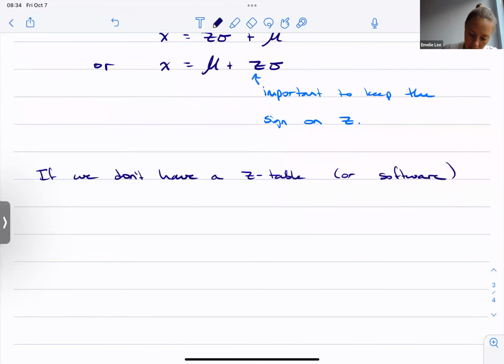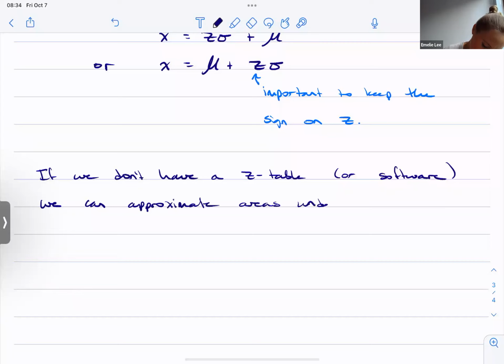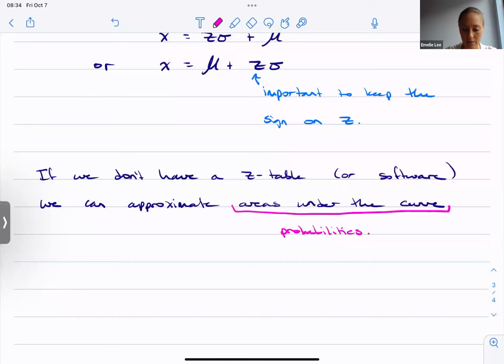So if we don't have a Z table, we can approximate areas under the curve, and areas under the curve are probabilities.